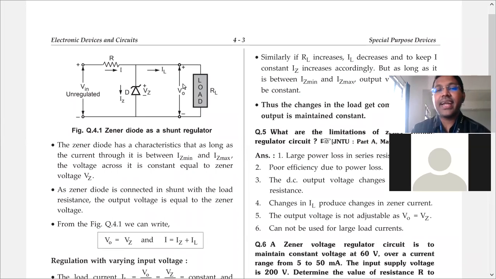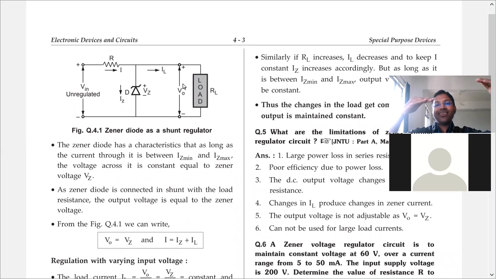Let us see what exactly happens. If something fluctuates, still the output is constant. How will you analyze that? Case 1: if the supply increases, how is the output constant?